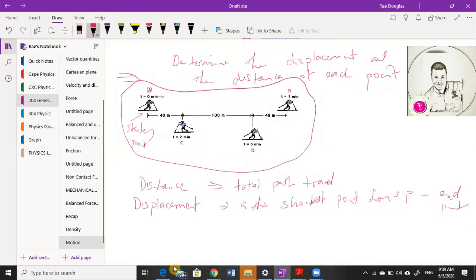Cool? So look at that situation. Starting at A, going to B, what would be what and what? Let me know. It's only the mathematics, so you can maybe use your calculator. But it's nothing hard.